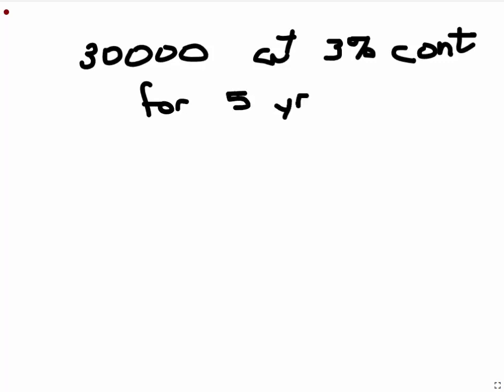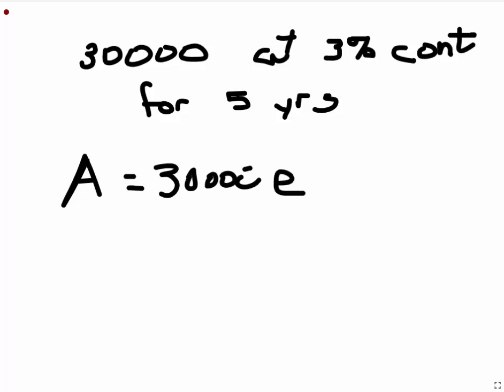So I take the amount equals P, which represents the principal, your investment. So I'm investing 30,000, e to the power of 0.03, the rate, times the time, 5. And that's how it's entered on the calculator.